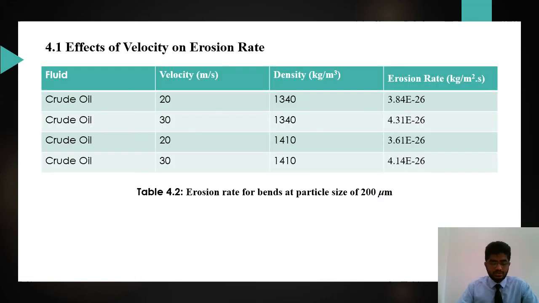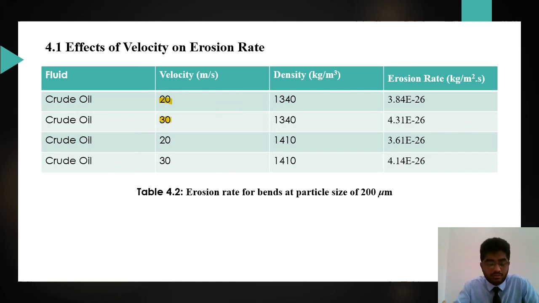Moving to the next factor, the effects of velocity on erosion rate. In order to investigate the impact of velocity on the maximum erosion rate, several inlet velocities were simulated, which are 20 meter per second and 30 meter per second.